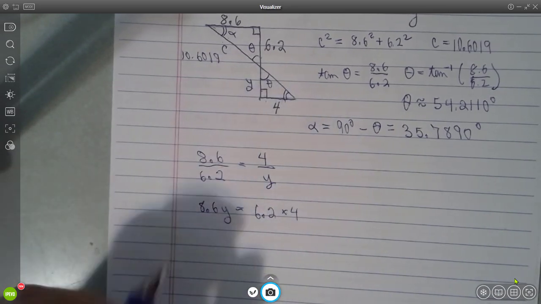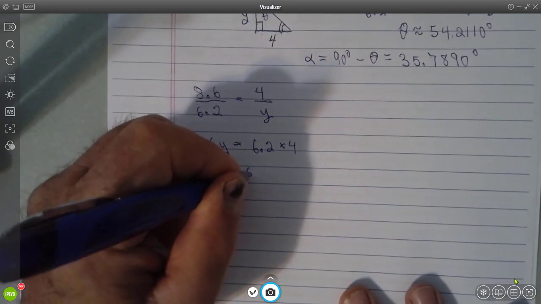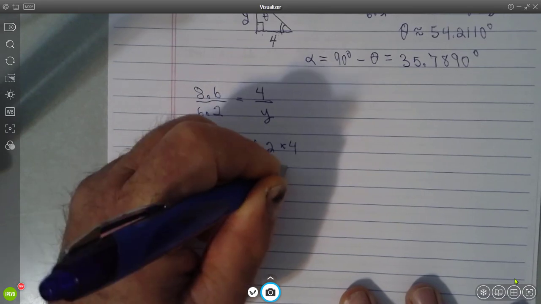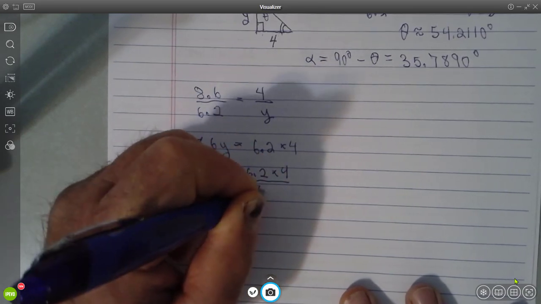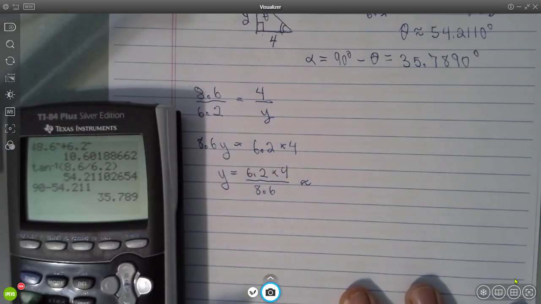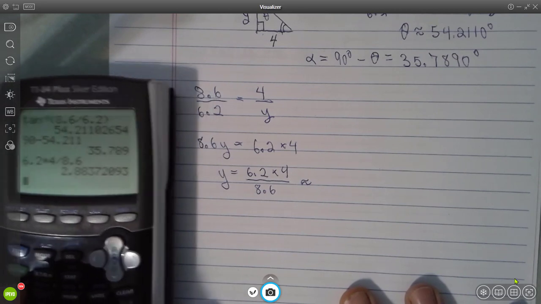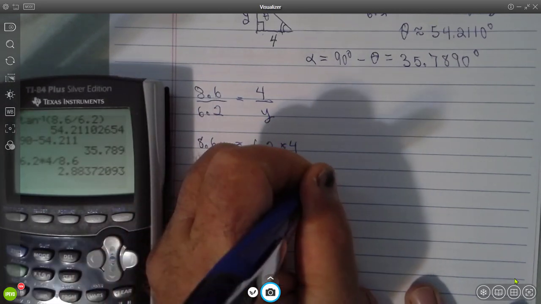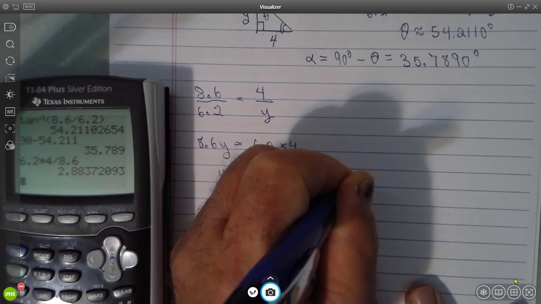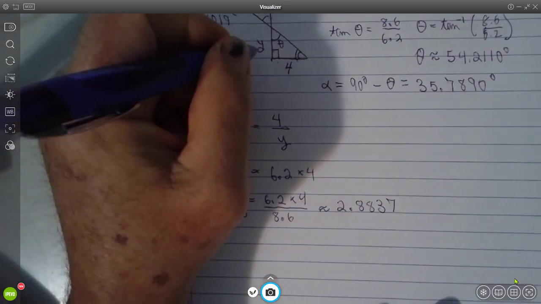And then we divide through by the 8.6, and we would like to keep several decimal places. So we get 2.8837. And that's our distance here.